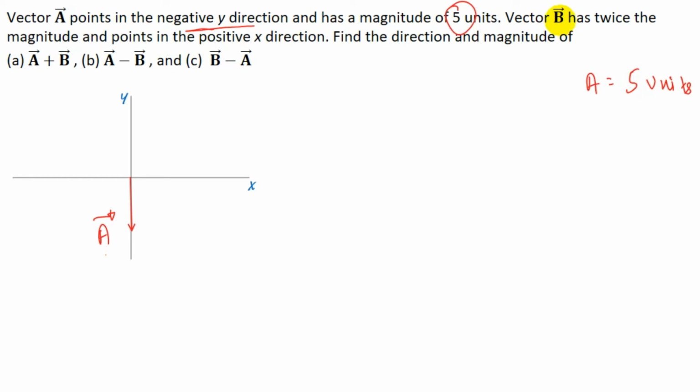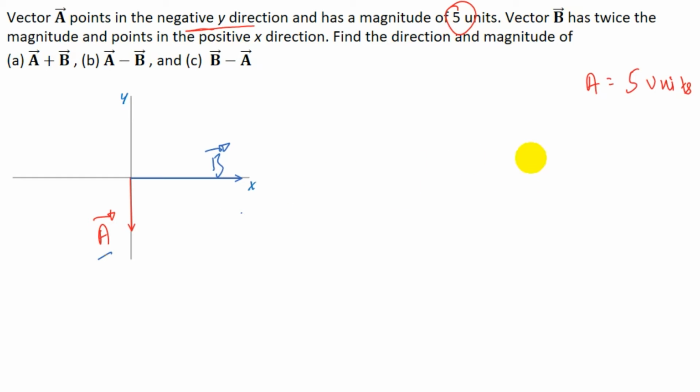Now next we have a vector B that has twice the magnitude of vector A and points along the positive x direction. So the vector would look something like that. This would be the B vector. The length of this arrow is just twice of this arrow because the vector B has twice the magnitude of the vector A.